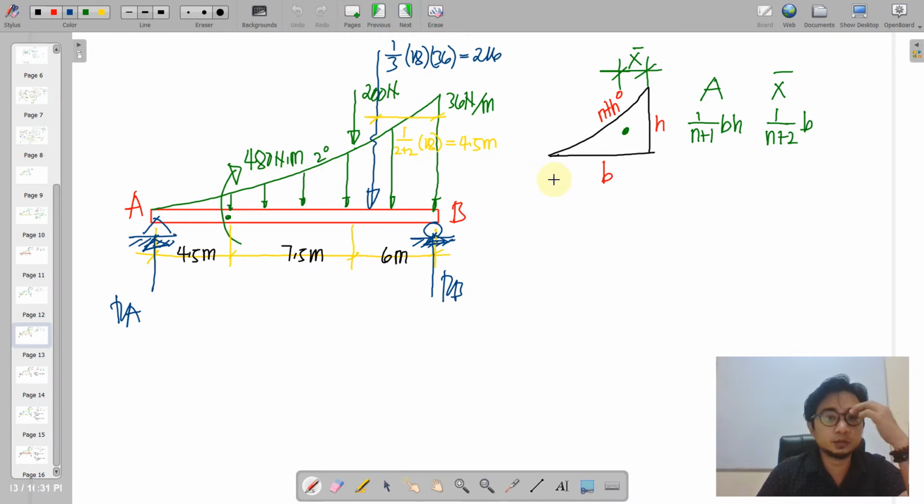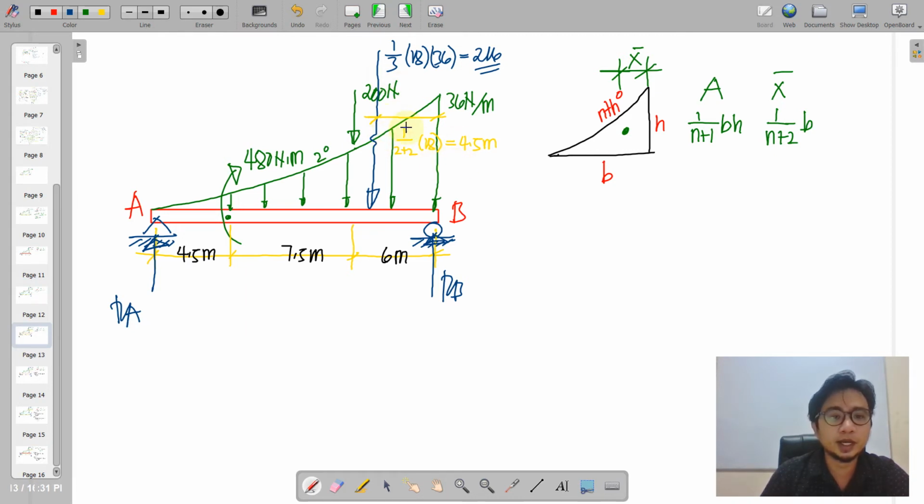When we have a second degree, we have 1/3, because 1 over n, or 2 plus 1, that is 1/3 base times height. So all of this is 18 by the height 36, so we have 216 for this resultant, located, measured from the height, at 1 over 2 plus 2 over 18, or 18 all over 4, that is 4.5 meters.